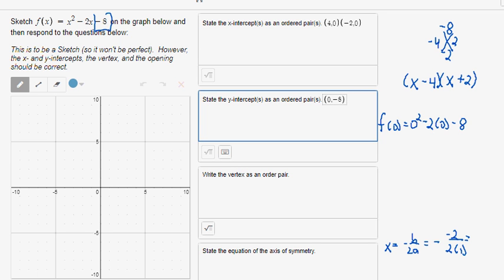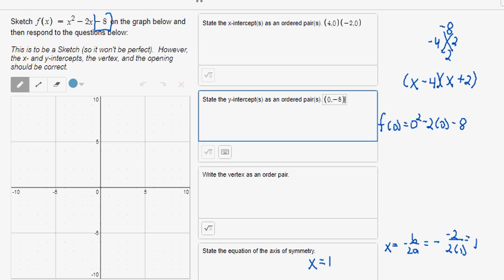So that's negative 2 divided by 2, that's 1. So we have x equals 1. A lot of people just wrote out the number. But again, from the notes and from the videos, the axis of symmetry is an equation in x. X equals a number. So x equals 1, if you wanted to get full credit for that.